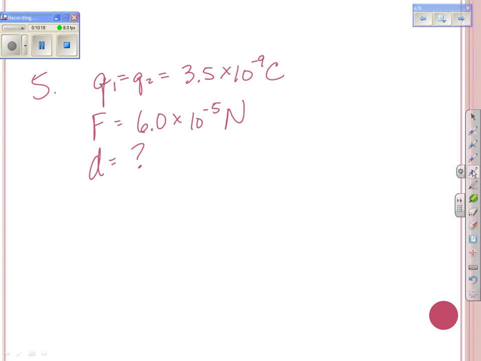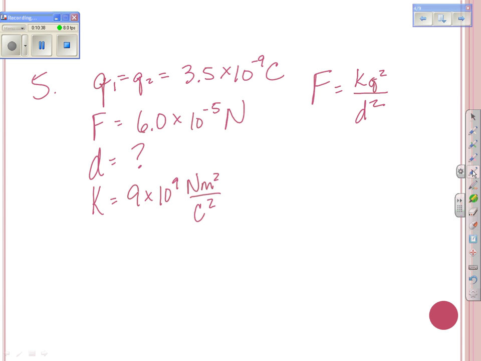Okay, so I also have K because that's going to be 9 times 10 to the ninth Newton meters squared over Coulomb squared. So my formula is still F equals KQ squared over D squared.